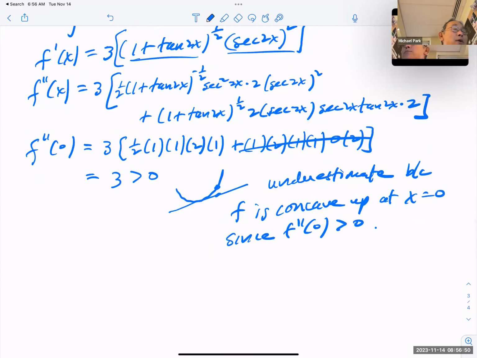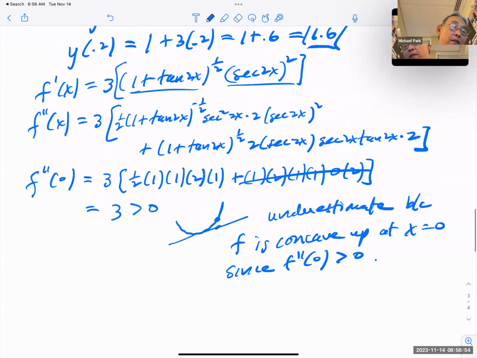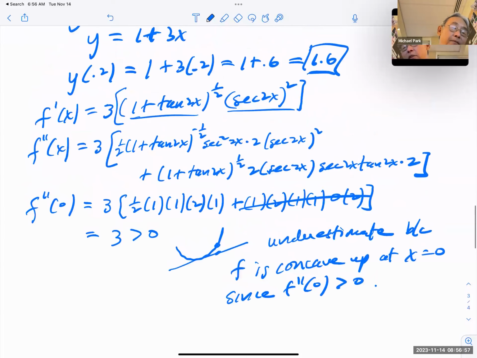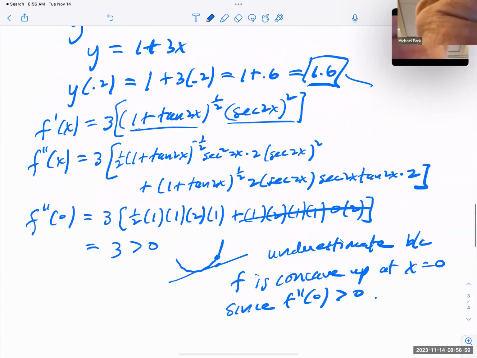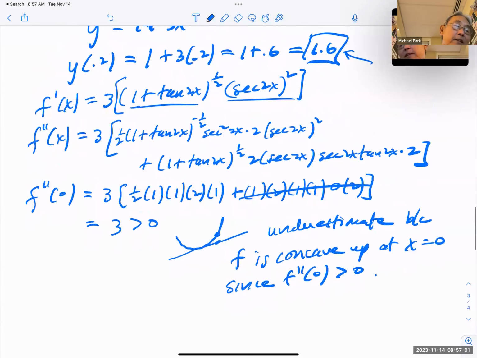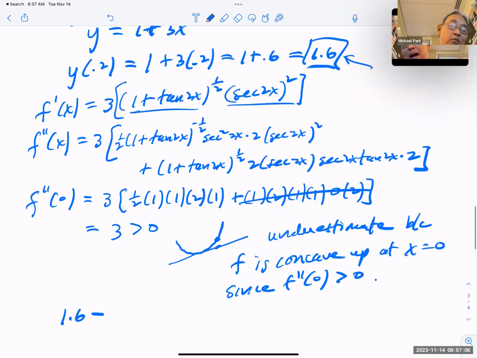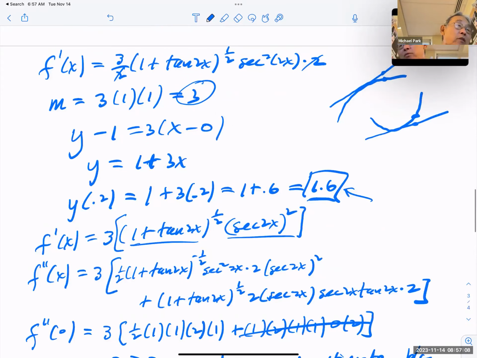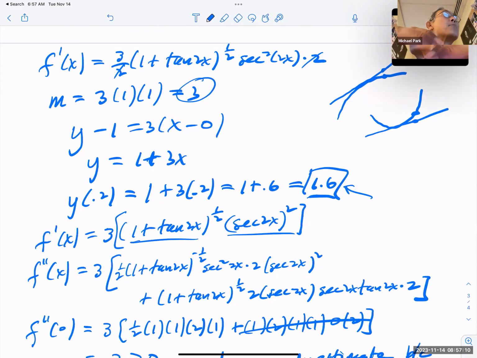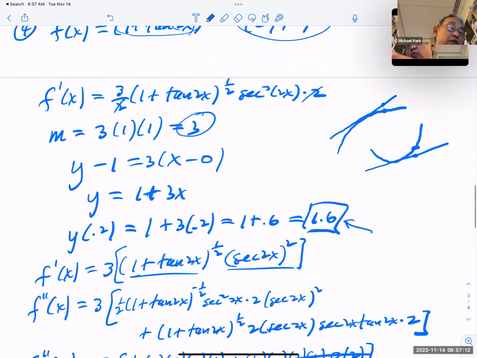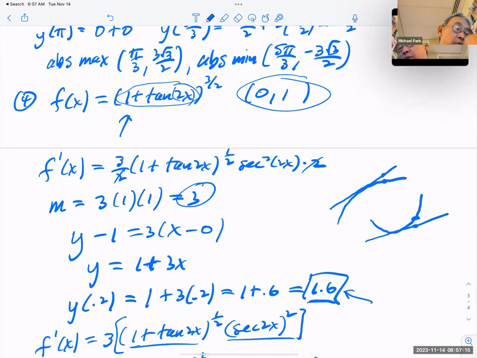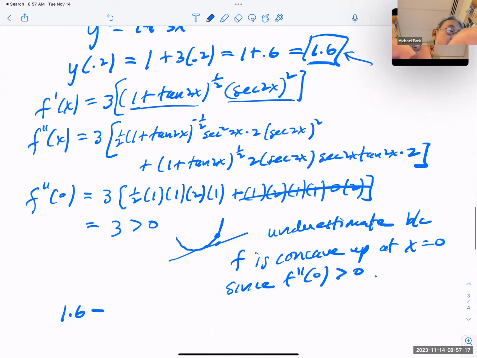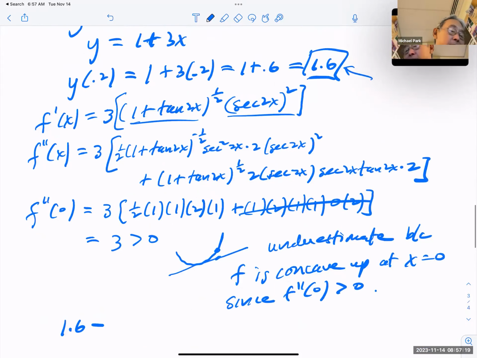Now it says write an expression that gives the percent error. How do you find the percent error? So from science, the experimental value, which is this, right? So 1.6 minus the actual. To get the actual, you have to plug 0.2 into the original function. I'm going to rewrite it here so I don't have to keep scrolling.